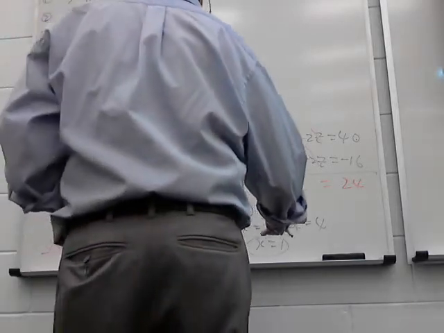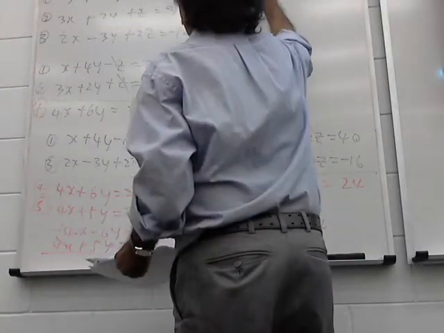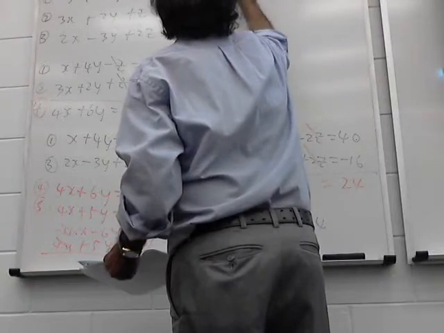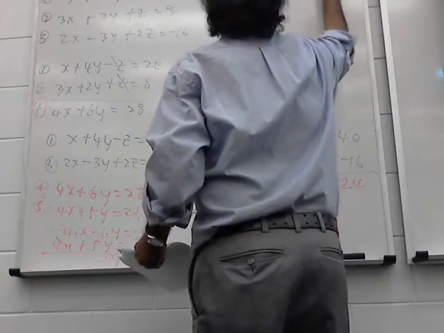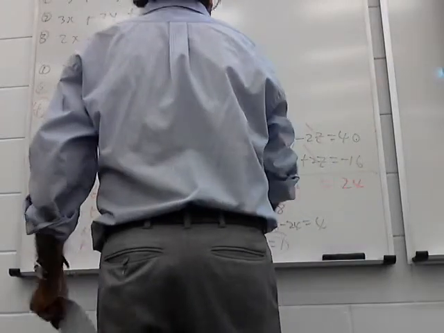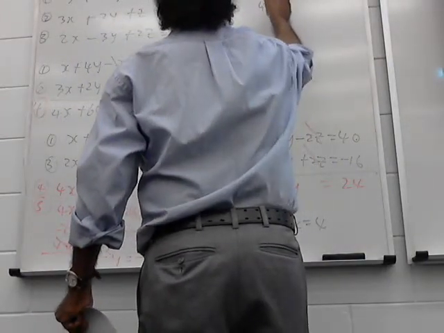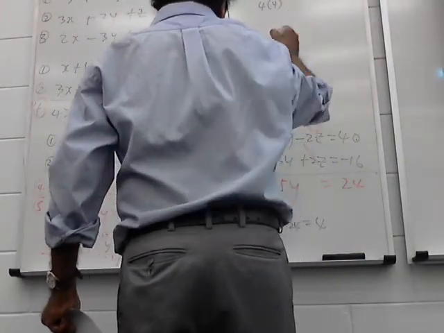So then I would go back and use this one here, x plus 4y minus z equal to 20. I know what y is. This is 4 times 4.